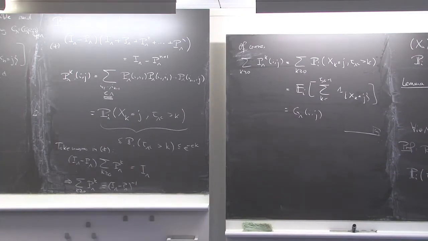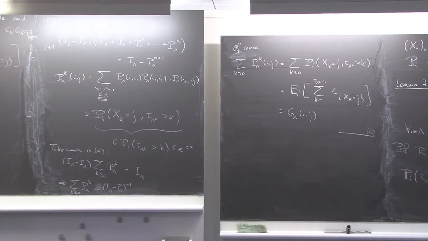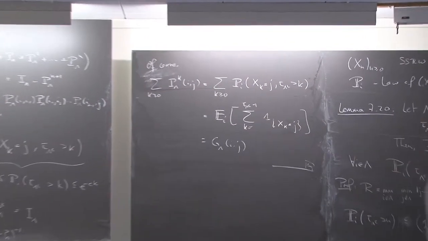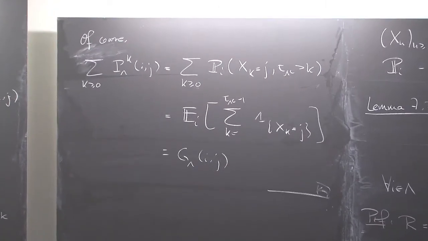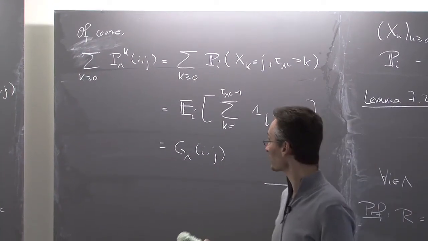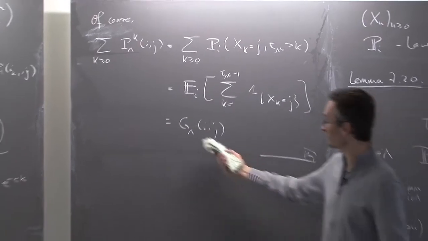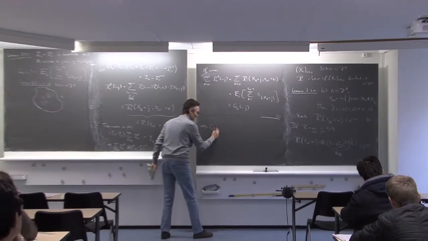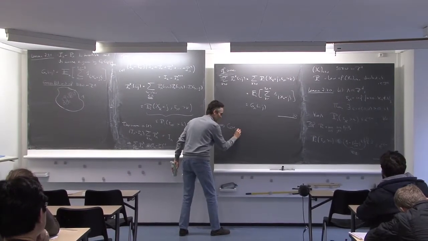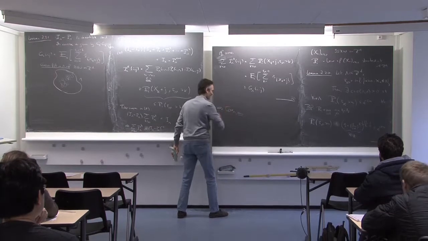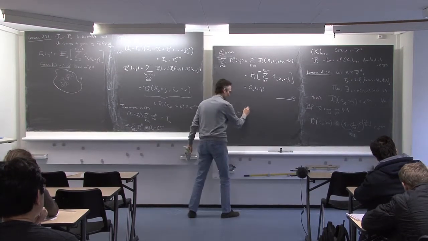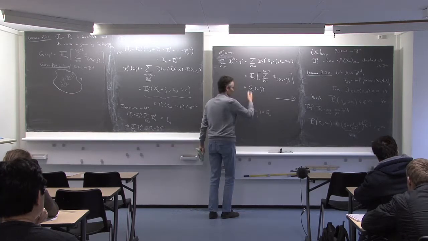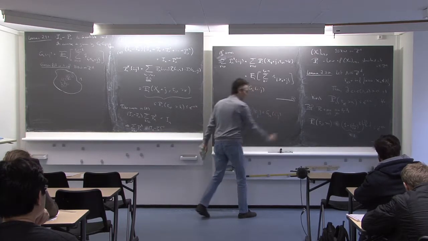So nothing very deep and difficult here. But note that it completely solves the first part of our problem, because it tells us that the covariance under the measure in Λ with m equal to 0, with any boundary condition eta, of phi_i and phi_j is G_Λ(i,j).